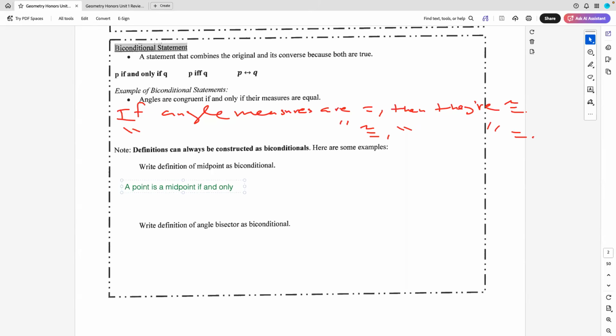Correct. If they're congruent, then they're equal. I just repeated it. If angle measures are congruent, then the measures are equal.